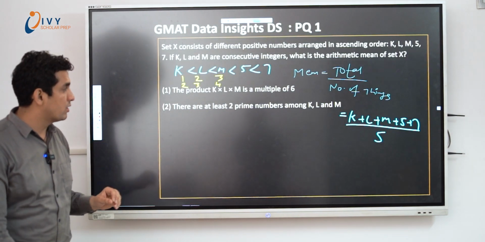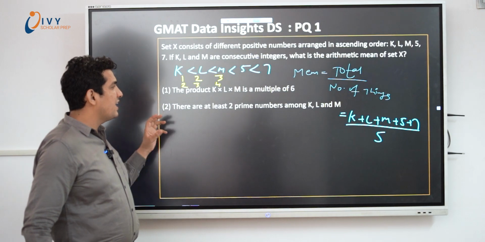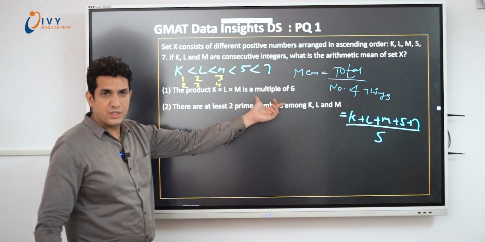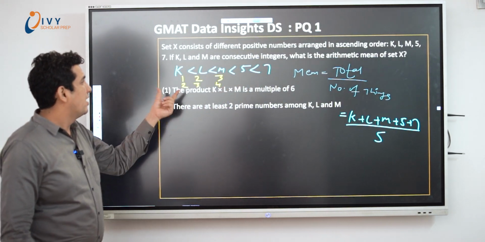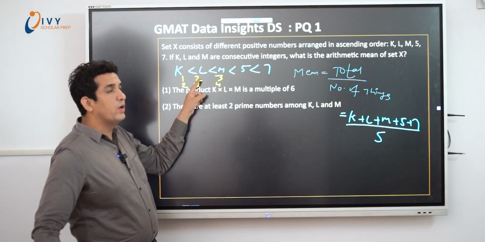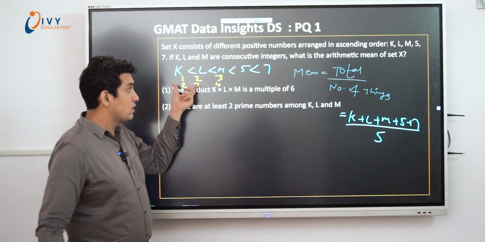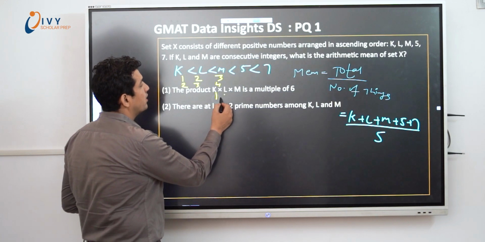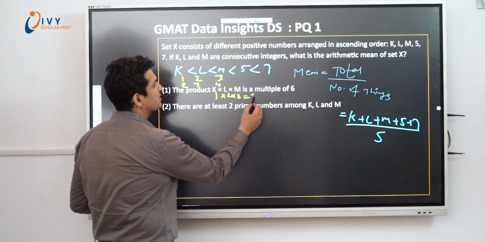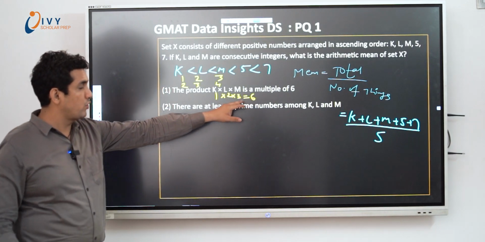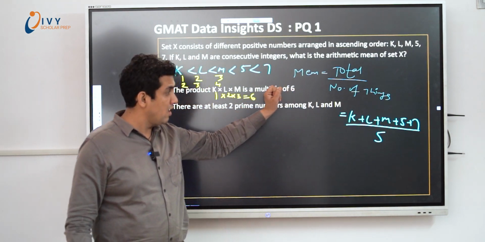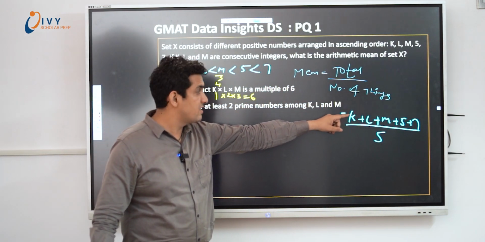Now let's look at statement 1. Statement 1 says k times l times m is a multiple of 6. Think of this. One set of values we have is 1, 2 and 3, and that's a multiple of 6, right? 1 times 2 times 3 is 6. So if you put the values over there, you will have one number as an average.